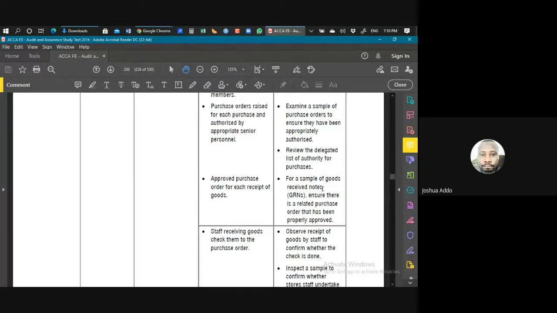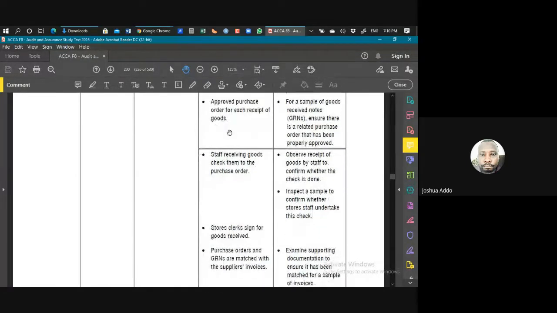In that case, you see that we actually achieved this one. You achieve the fact that each purchase order raised is authorized, and that for each purchase we do, there is a purchase order behind it. There's that documentation.